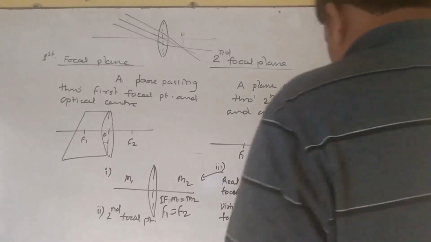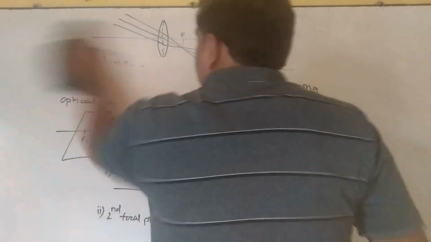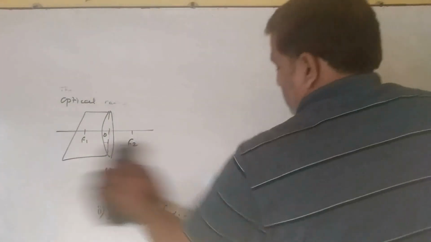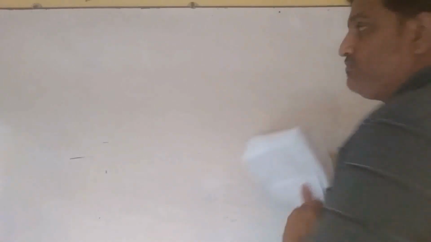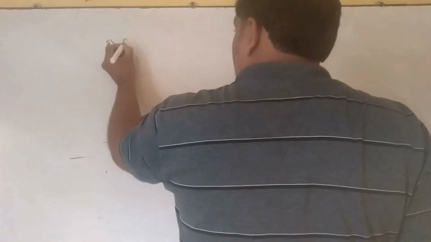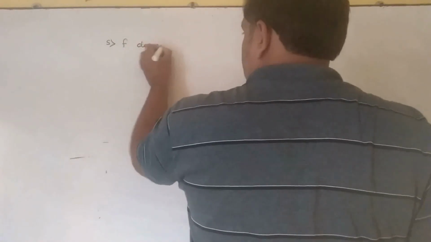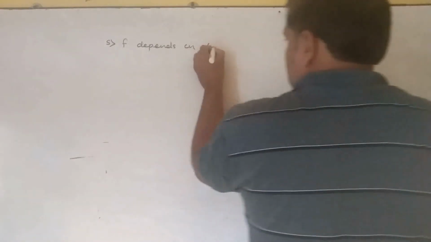Next, the focal length of a lens depends on some factors. F depends on two factors.